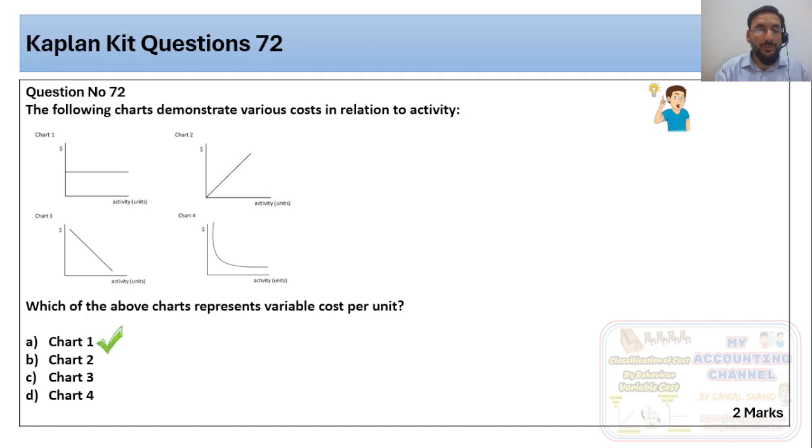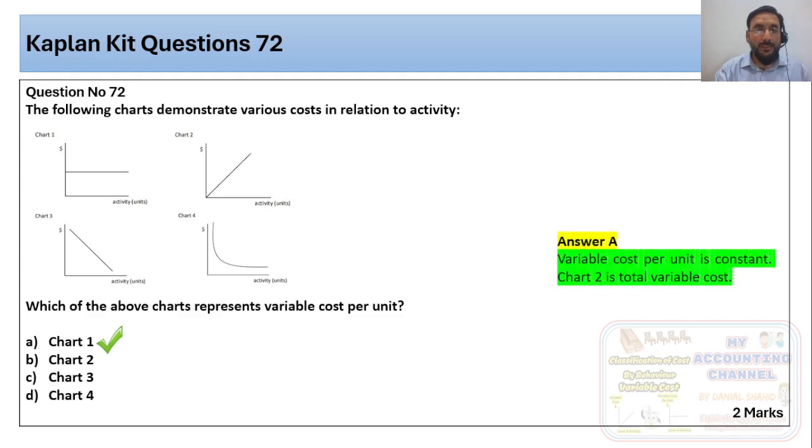In chart 1, the graph is a line parallel to the x-axis and it relates to the variable cost per unit. Whereas in chart 2, the straight line relates to the total variable cost to level of activity. Suggested answer.